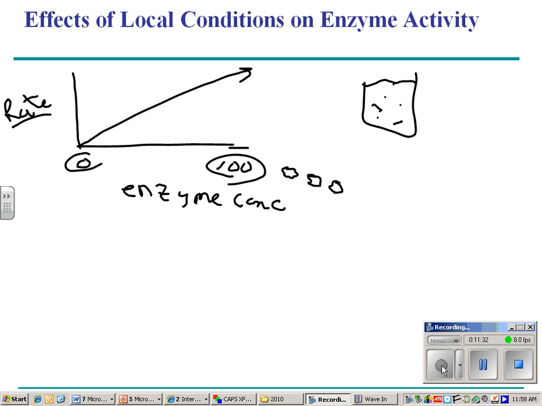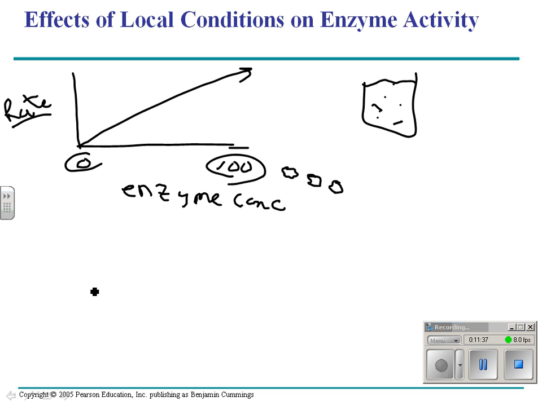Okay. Second graph was the one of substrate concentration. What the rate is. The rate was how fast that little thing went down and came up. So if it went down and never came back up, the rate is 0.